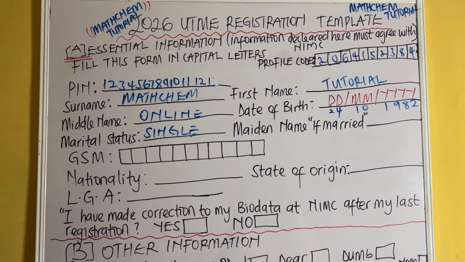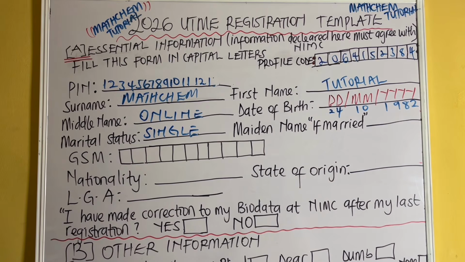Now, they stated here maiden name, if married. Maiden name means your father's name before you got married. Let's assume that I am Abubakar Aisha. Abubakar happens to be my father's name, if I'm referring to myself as a female. So Abubakar has to be my father's name, and Aisha happens to be my name.